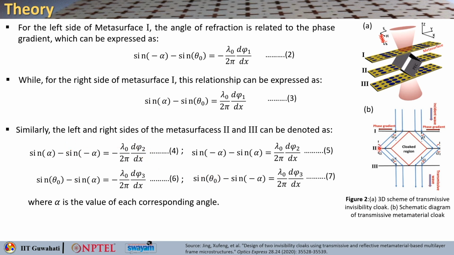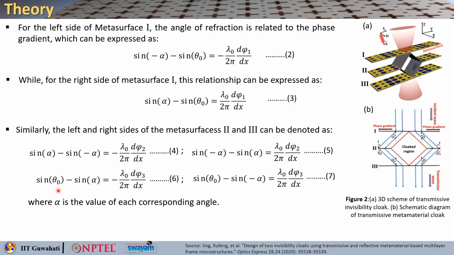Here the incident angle is also alpha and the transmitted angle is minus alpha, so you have this term, and you have this term on the right, that is sin alpha minus sin minus alpha equals minus lambda naught by 2 pi dφ2 by dx, and then on this side you have sin minus alpha minus sin alpha equals lambda naught by 2 pi dφ2 by dx. In this case, this is the incident angle and theta naught will be your transmitted angle.